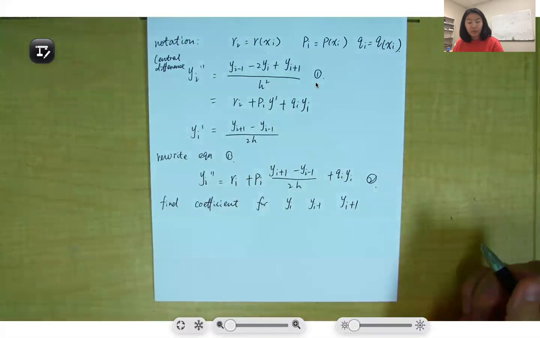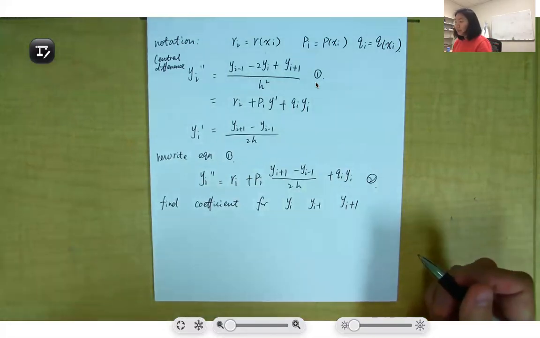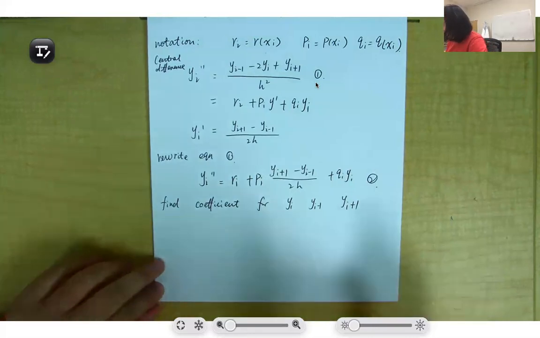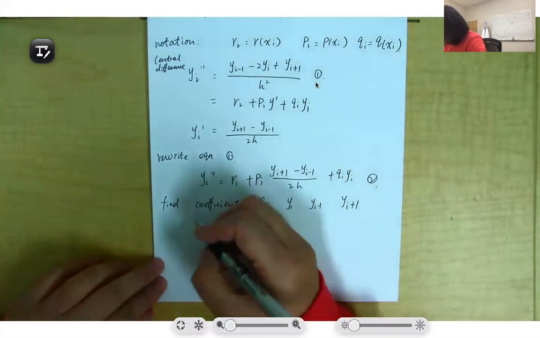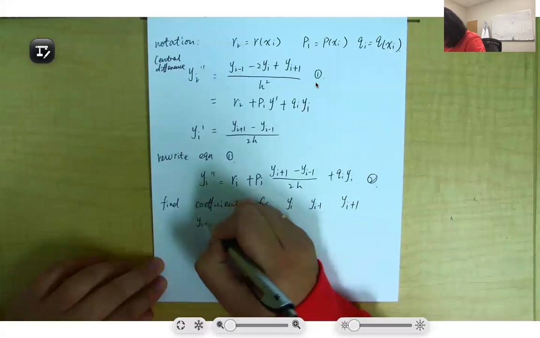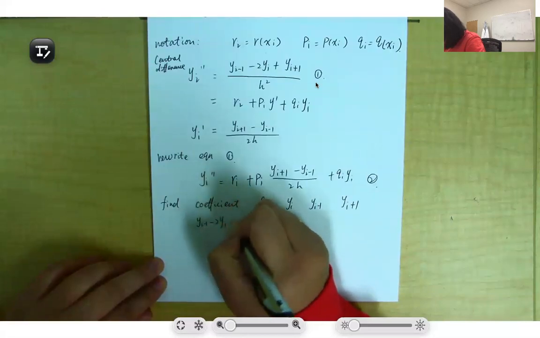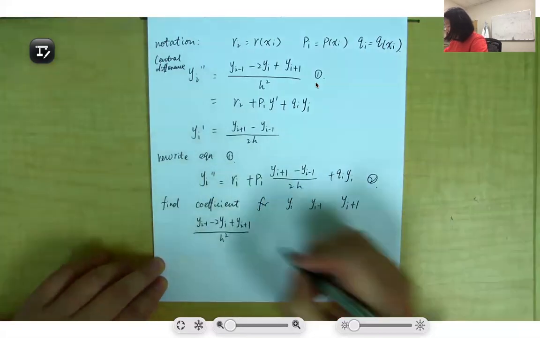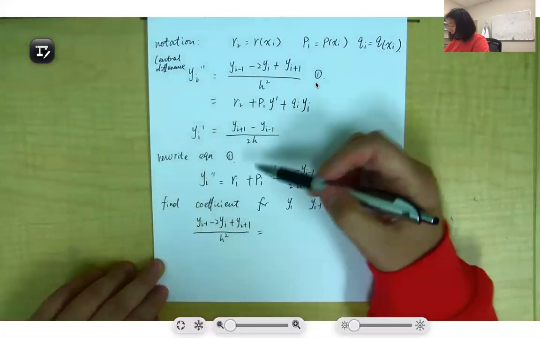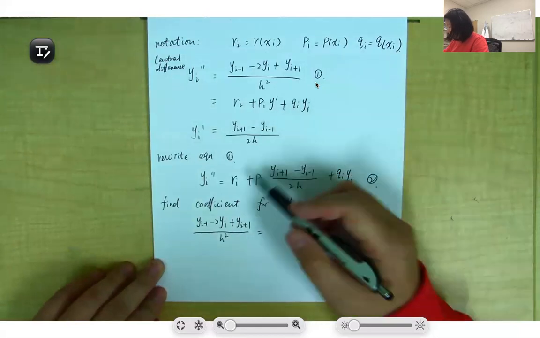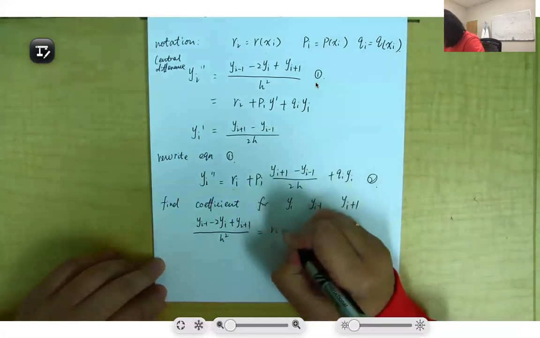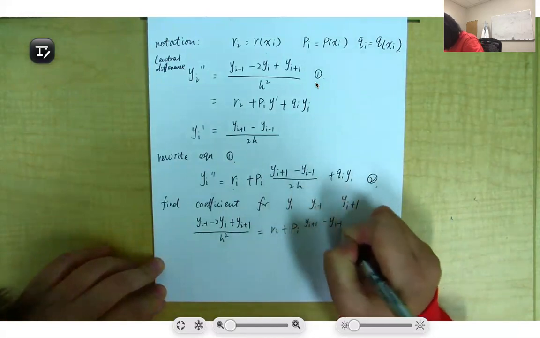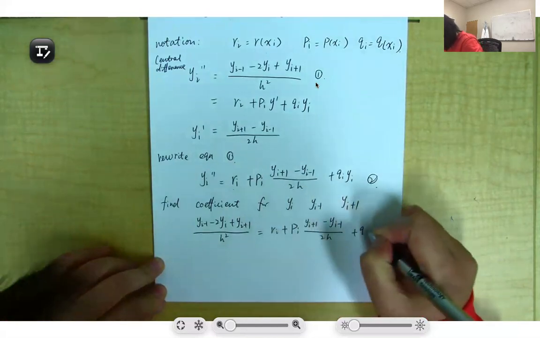And in that case, we can write a state space representation after you find the coefficients. So yi double prime will be equal to yi minus 1 minus 2yi plus yi plus 1 divided by h squared, right? And that is also equal to this term, ri plus pi times yi plus 1 minus yi minus 1 divided by 2h, plus qi yi.